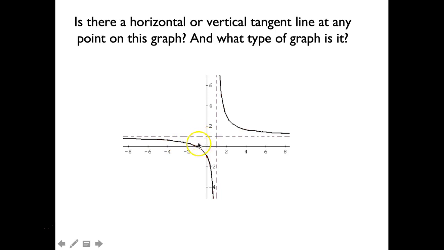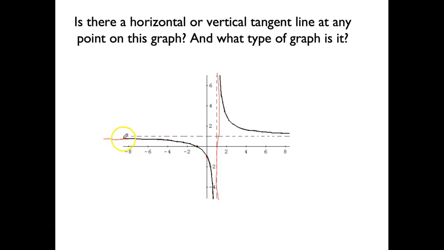Okay, are there horizontal or vertical tangent lines here? And yes, there are. There's a vertical tangent line right here where the slope is undefined. Okay, there's a vertical asymptote. That's a vertical tangent line. Now, horizontal tangent line, this thing actually never has a slope of 0. It goes very far back there, and it gets very close to this value of 1, but it never actually flattens out and has a slope of 0.